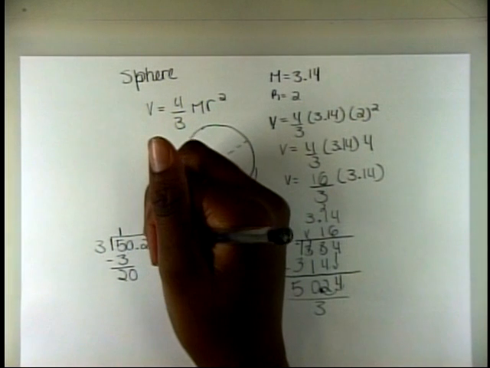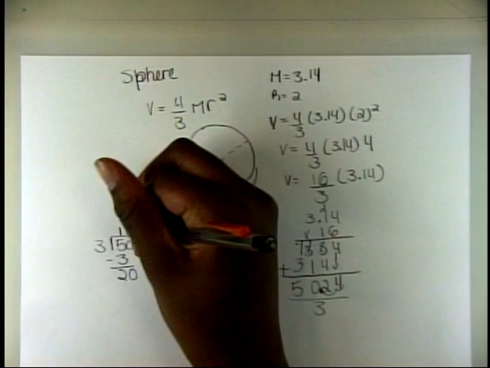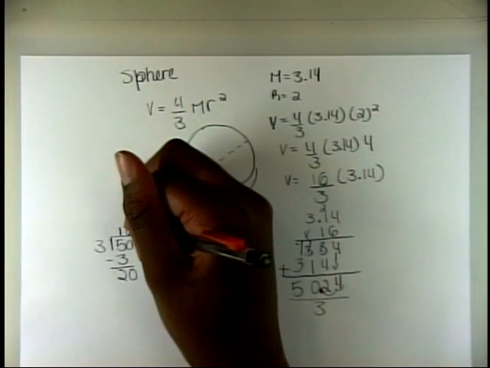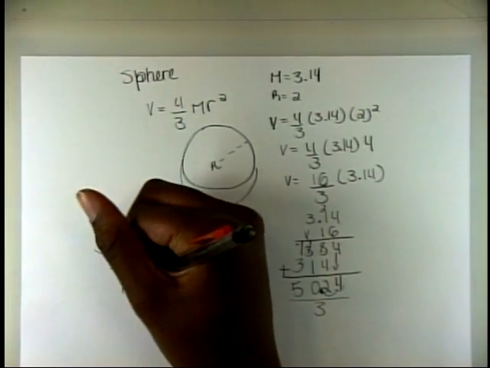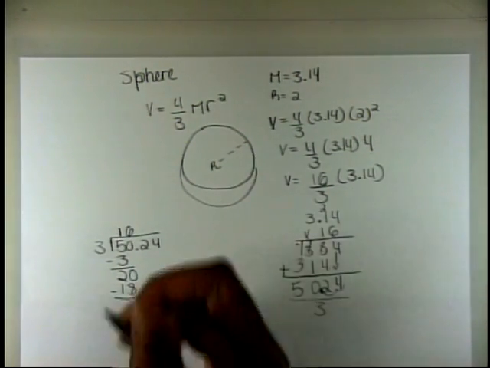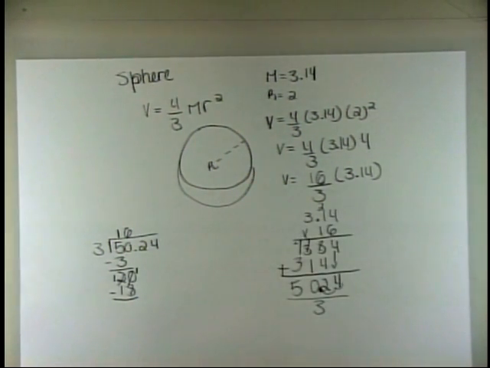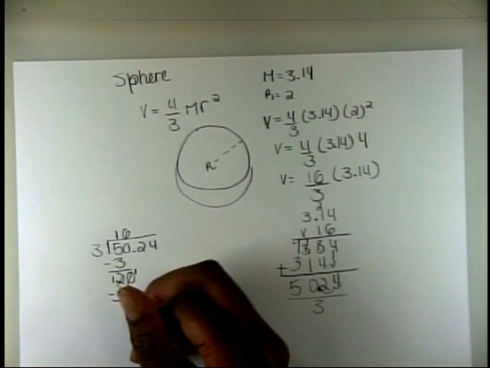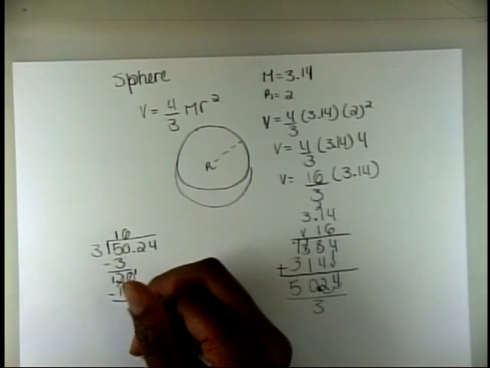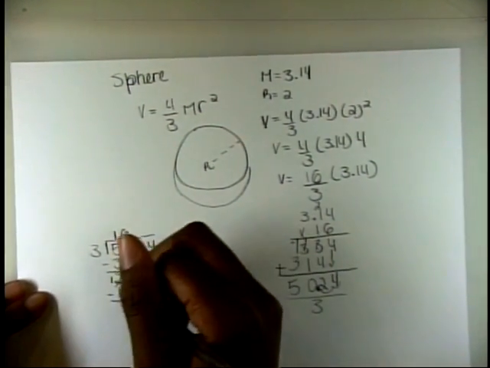Will give me 20, which is nothing. So you say the only thing that's close to it is 6. So 6 times 3 will give you 18. 20 minus 18, you'll cross out your 1, make this a 10, which you'll be left with your 2, because 10 minus 8 will give you 2, because 2 plus 8 will give you 10.